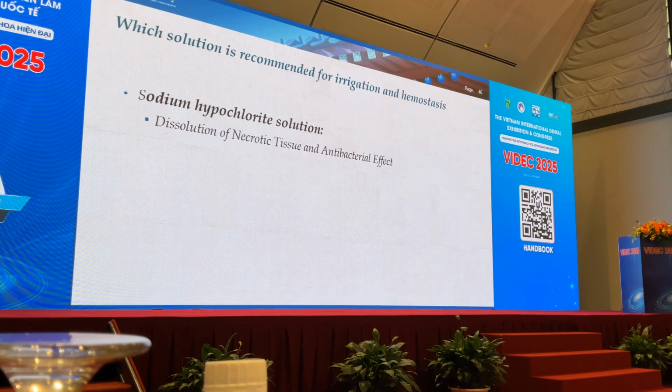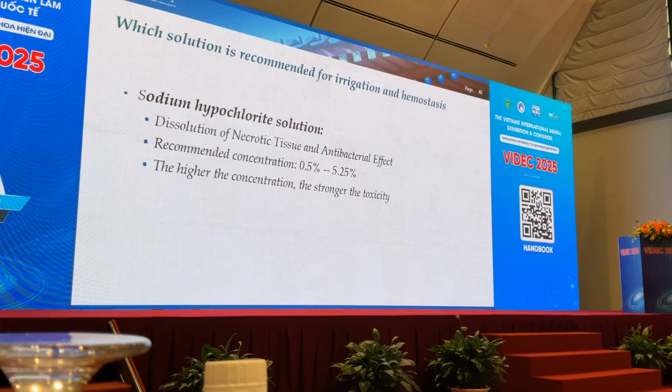But it has a wide range of recommended concentrations, right? A wide range. And as we all know, the higher the concentration, the stronger the toxicity. For vital pulp therapy for teeth with inflammatory pulp tissue, we should balance the infection control and toxicity.